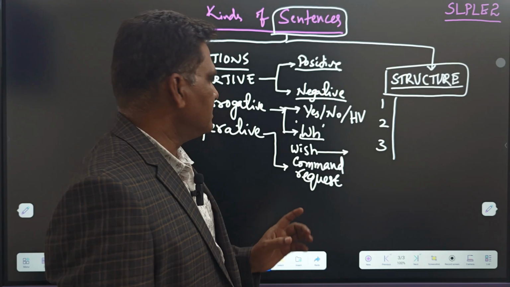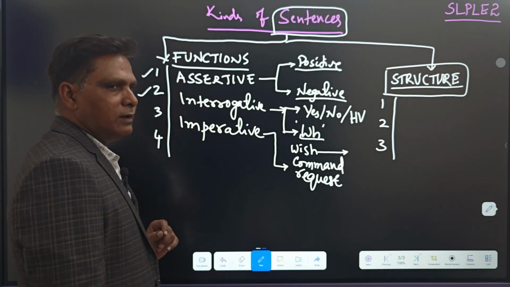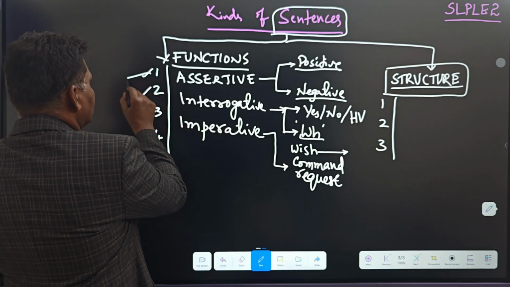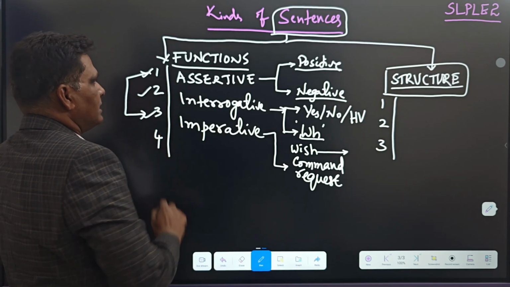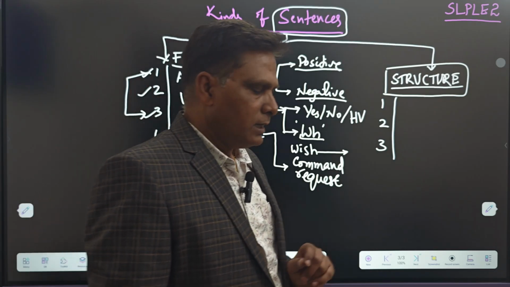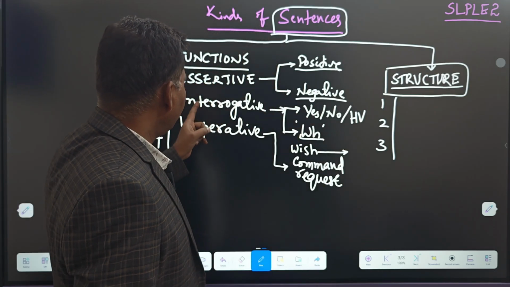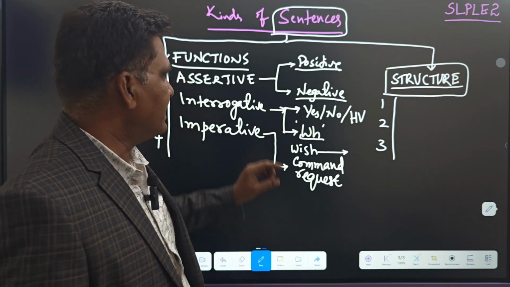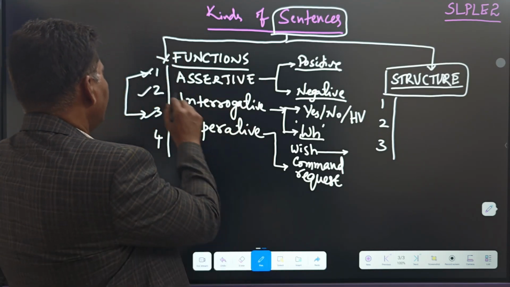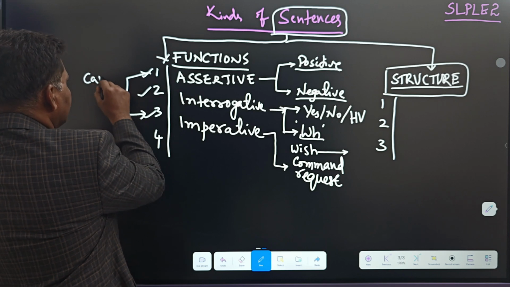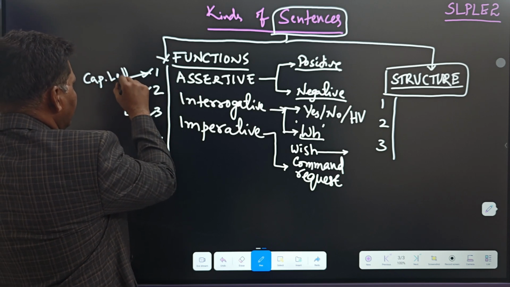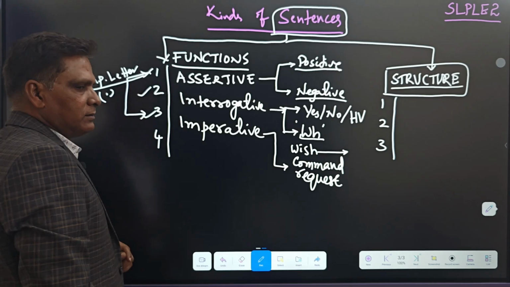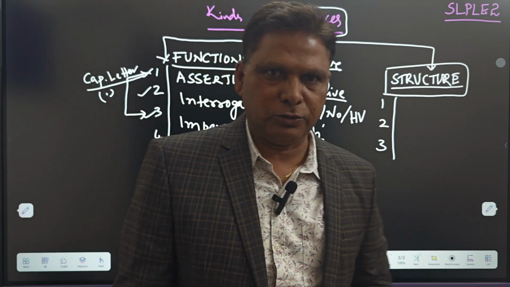Another major concept about this one is that there is a very strong difference between assertive and imperative. Assertive sentences and imperative sentences are almost the same except for the function. What I mean by that is both assertive and imperative sentences start with a capital letter and end with a period, that is a full stop.